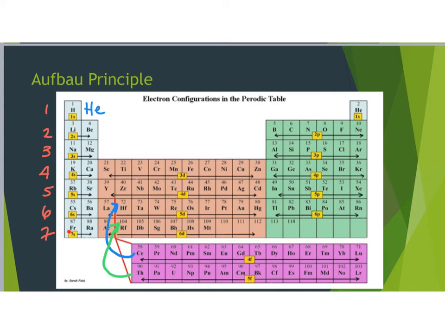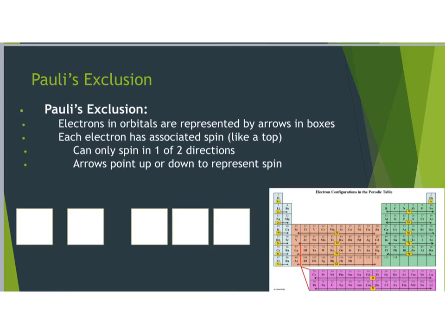Likewise, for my 7th row, I have 7S and 7P if we had P elements. That would be 6D because it's 1 less, and then when I come down here, it's actually 5 because my F levels are 2 rows off. And again, we'll talk more about this.